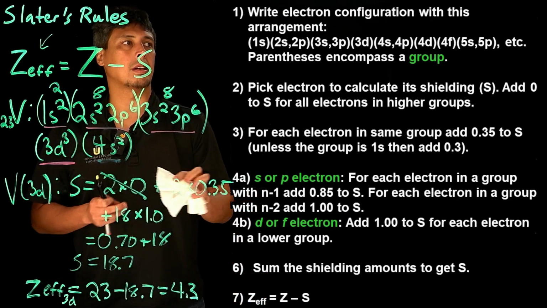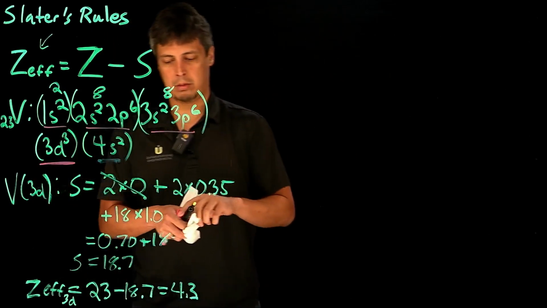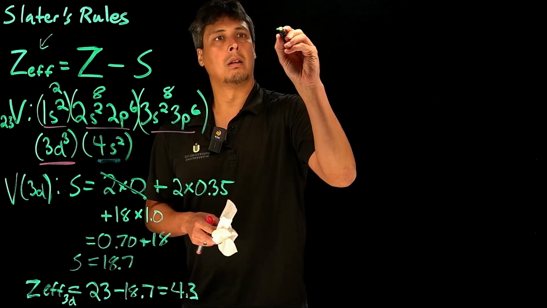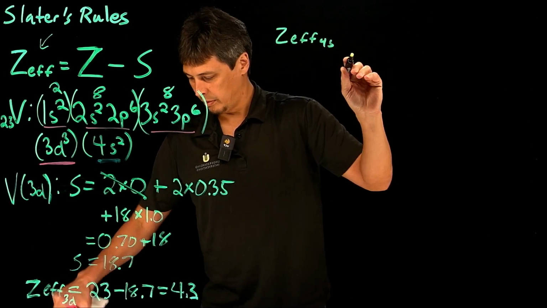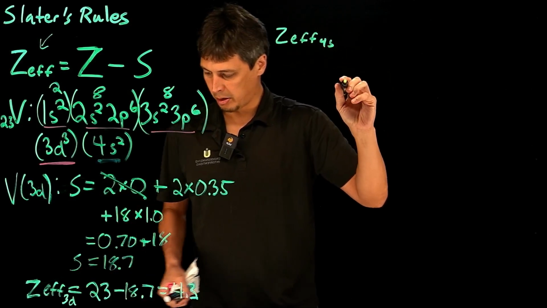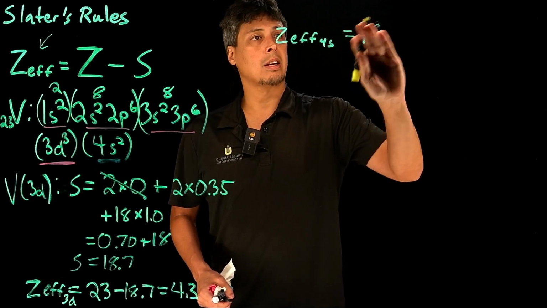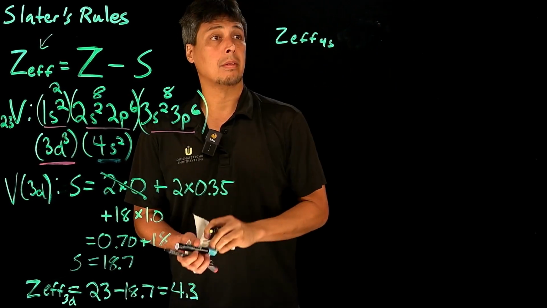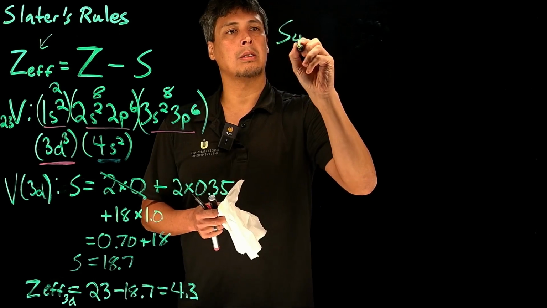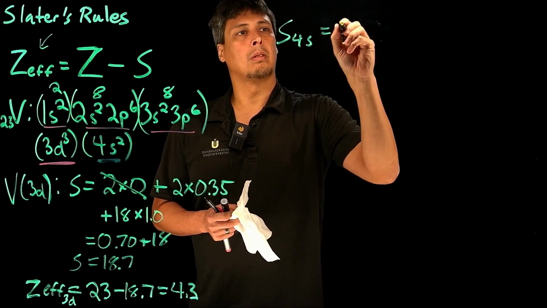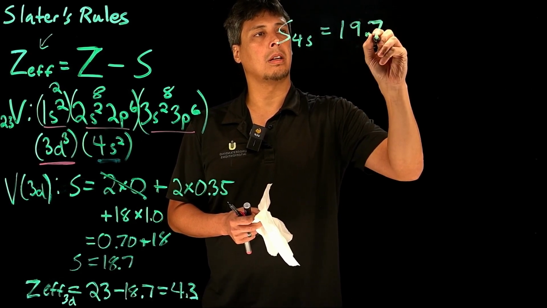What you'll find is that S for a 4s will come out to 19.7 in vanadium.